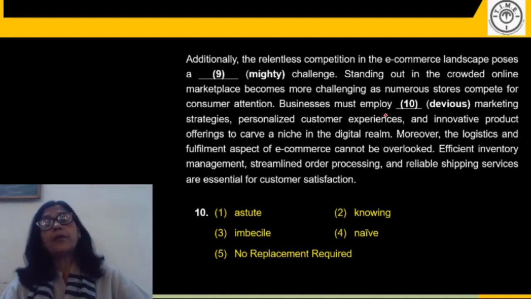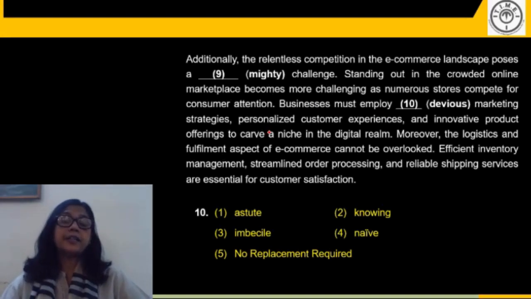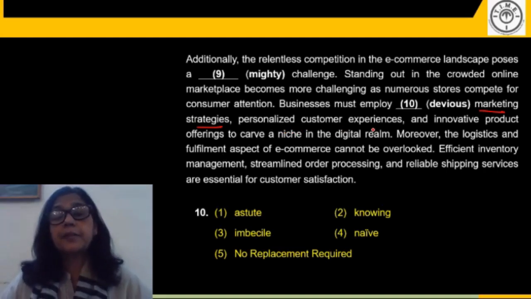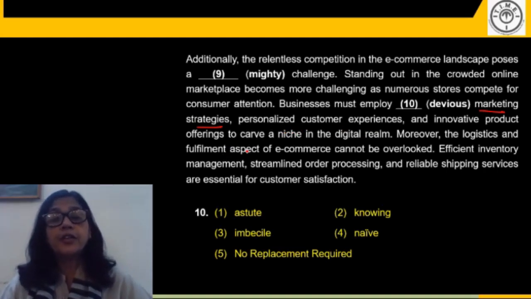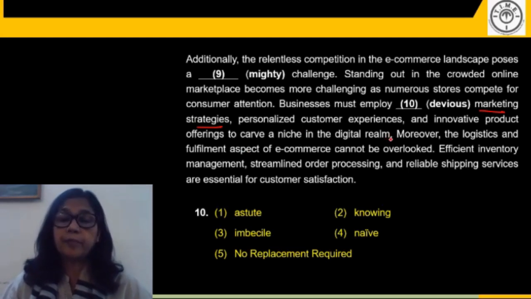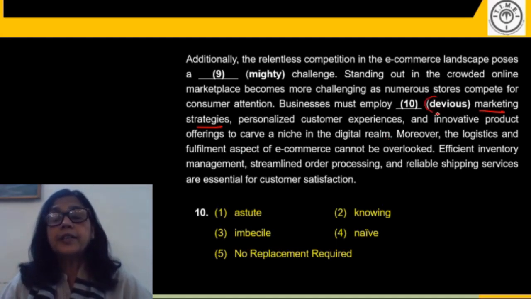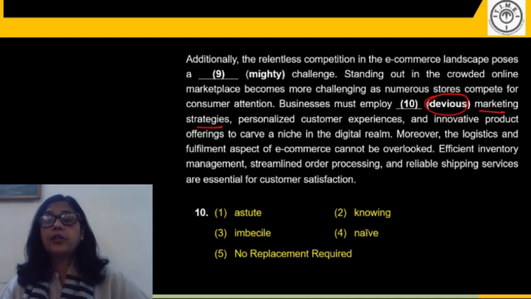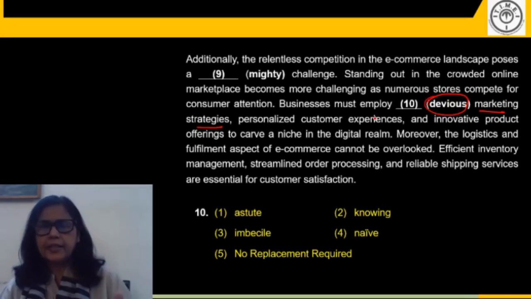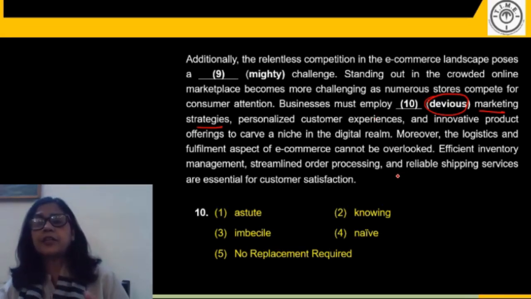Businesses must employ dash marketing strategies. So we need an adjective for marketing strategies. Yes, personalized customer experiences and innovative product offerings to carve a niche in the digital realm. Now the word suggested over here is devious. Now devious, it's a negative word, right? It suggests that businesses need to be cunning, shrewd, right?